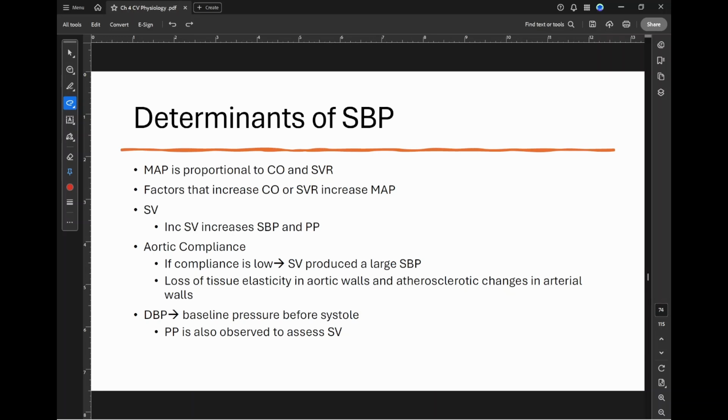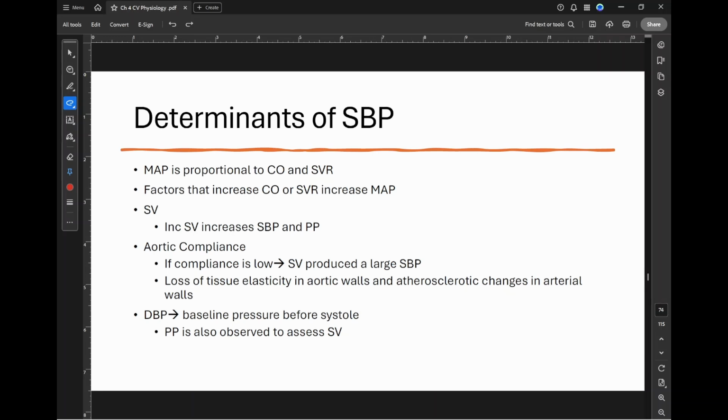It's the same compliance we learned about with the left ventricle. If I reduce the compliance of the aorta, what's going to happen to the pressure? It goes up. Smaller changes in volume, normal changes in pressure, but now we're losing the compliance. So that same volume of blood is going to exert a higher amount of pressure, raising systolic blood pressure if you lose aortic compliance. Make sense? Yes? Okay.